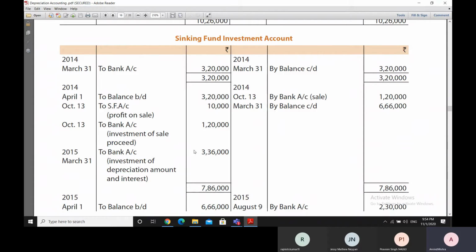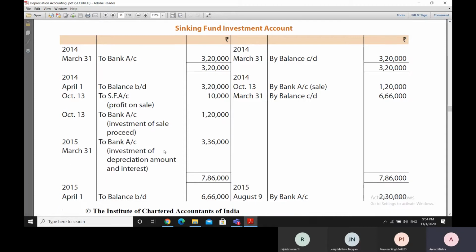Now again, on 31st March 2015, we are transferring a fresh depreciation amount of 3,20,000 rupees and 16,000 rupees more. So we are making an investment of depreciation amount plus interest. Interest is 16,000, 3,20,000 is the depreciation.